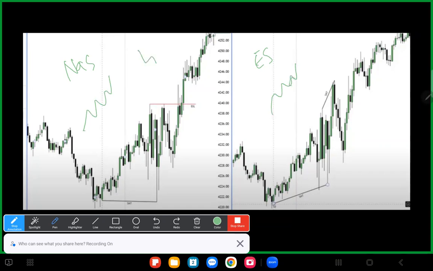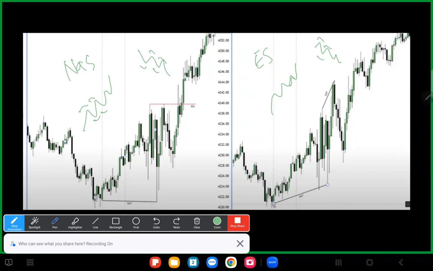And when one is going lower, we expect the other to also go lower. We anticipate those higher highs and higher lows to get matched up, and we anticipate these lower lows and these lower highs to also get matched up, like so.